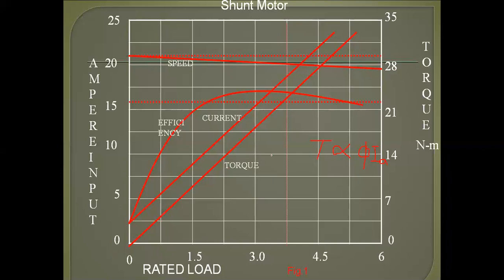Now I am going to explain speed torque characteristics of DC shunt motor. For a DC shunt motor, flux remains more or less constant, and therefore the speed of the motor is constant for the machine. The characteristics will be linear in nature.